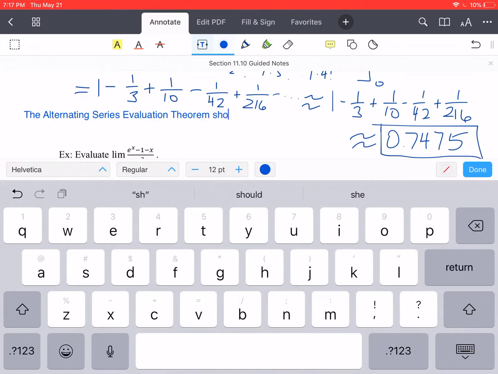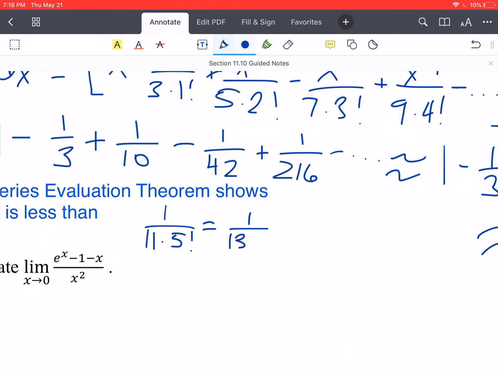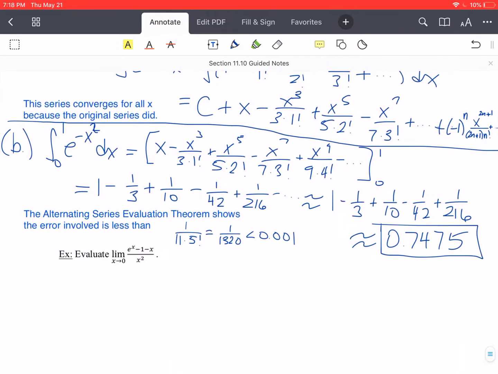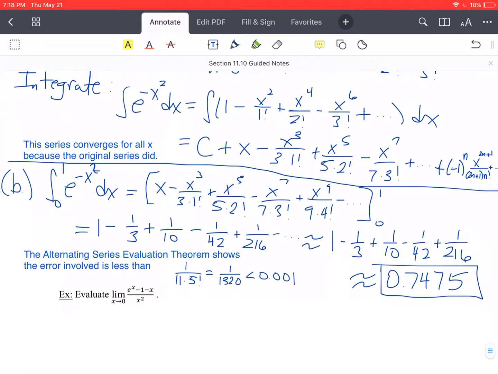So this shows the error involved is less than 1 over 11 times 5 factorial, which is 1 over 1320, which is less than 0.001, okay, which is what was required of us. Right? So evaluate within an error of 0.001, and we did that.